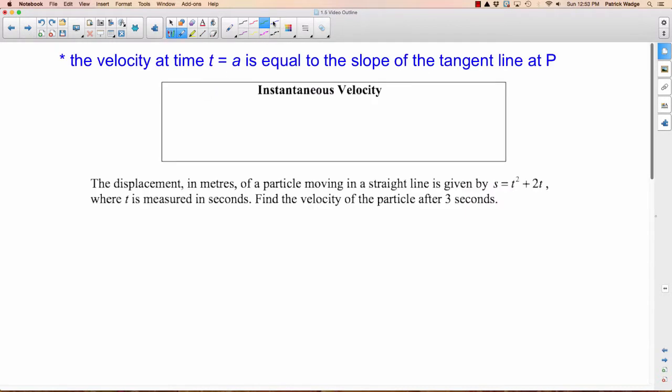So to summarize what we figured out here, we found that the velocity at point a is equal to the limit of change in distance over change in time as change in time approaches 0. That's what makes it instantaneous. Instantaneous means no change in time. So we want to get as close to that as possible.